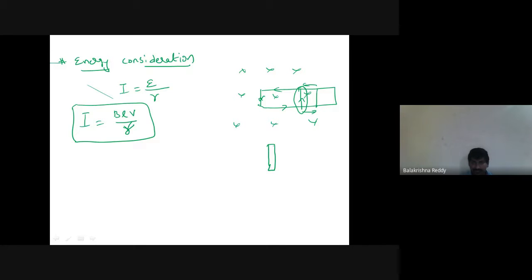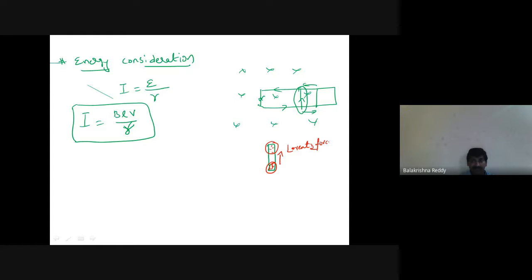All the positive charges accumulate here and all the negative charges accumulate here. Therefore a potential difference is created. Why do these charges get separated? Because of the Lorentz force.